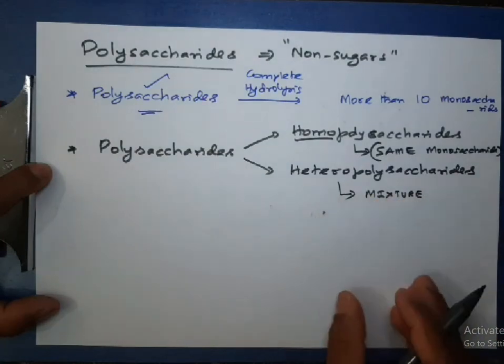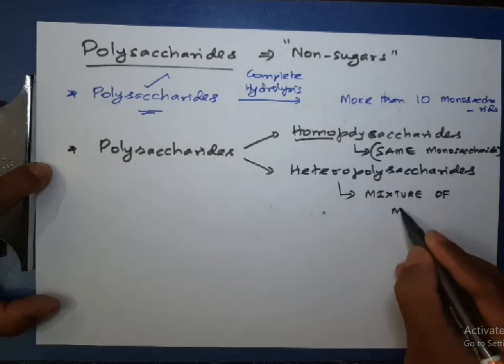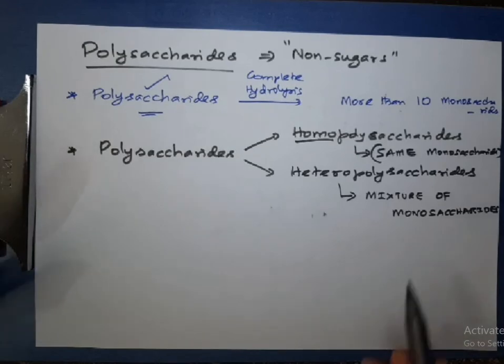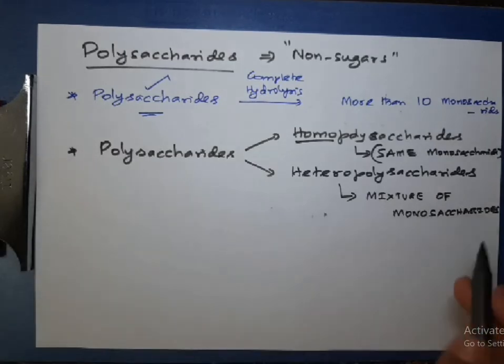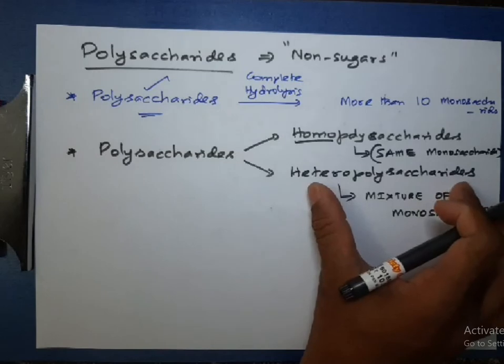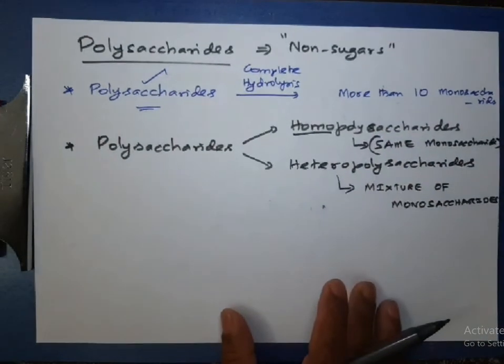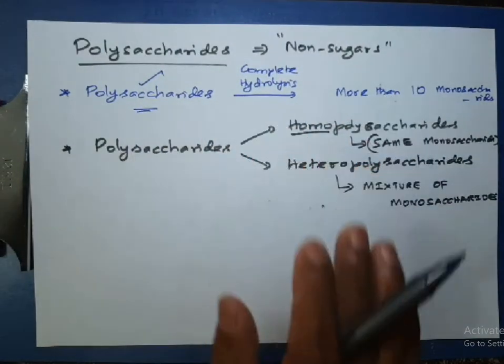For understanding purposes, I'm using the term mixture. If you have a mixture of monosaccharide units, we call those polysaccharides heteropolysaccharides. If you have the same monosaccharide units, it is called a homopolysaccharide. So in polysaccharides we have two types, homo and hetero.